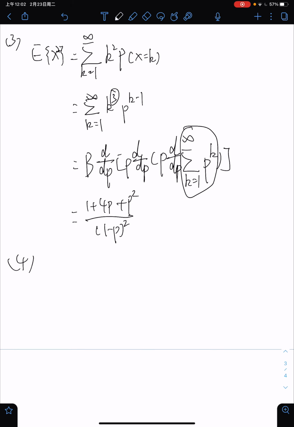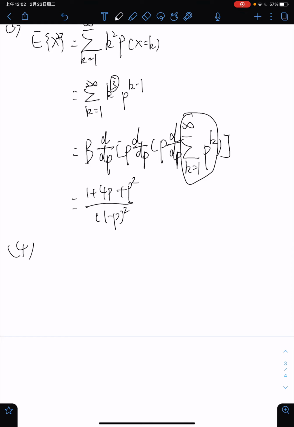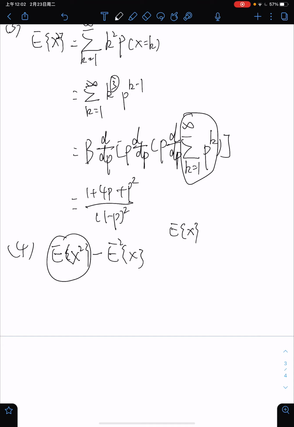Okay, the fourth question, it's the expectation of x to 2 minus the expectation of x. It's very easy because we know this one and we know the expectation.